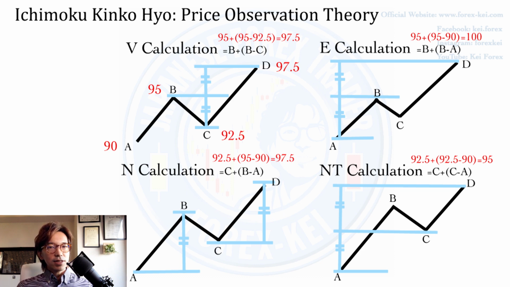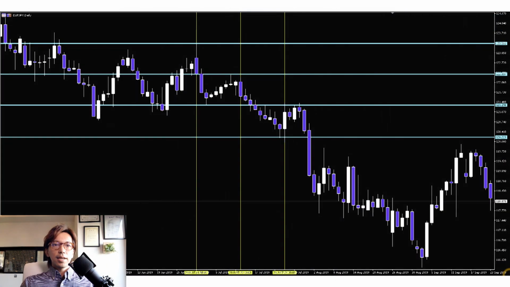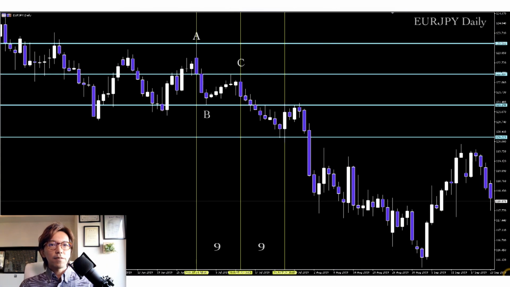Alright, so now let's look at some real chart examples. This is a daily chart of Euro Yen, and between this day and this day, during this bearish momentum, first of all, the lows and highs were moving exactly in a 9-day cycle, which is one of the Kihon Suchi numbers.